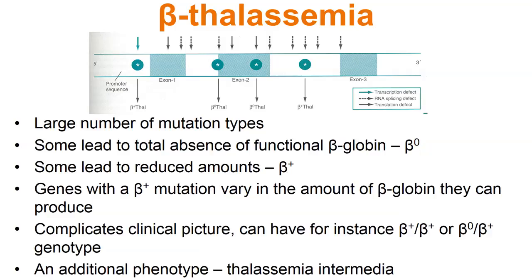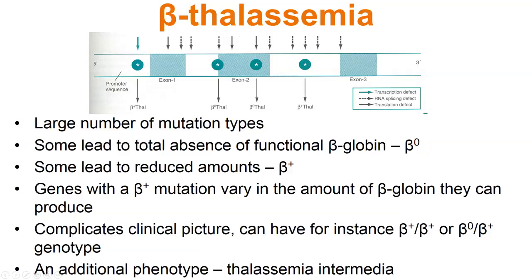Or if you had a nonsense mutation, you'd never produce any normal beta globin from that gene. But then you can have things like promoter mutations, where everything you produce from there would be absolutely normal, but you're just not making enough of it. So that starts complicating the picture of what's going on with the beta thalassemias.